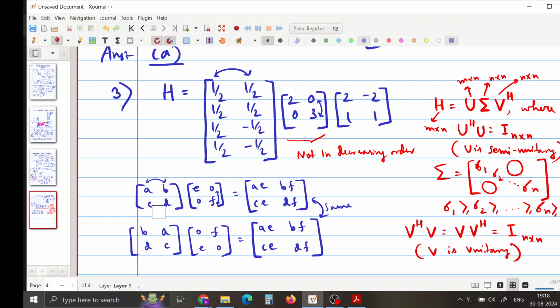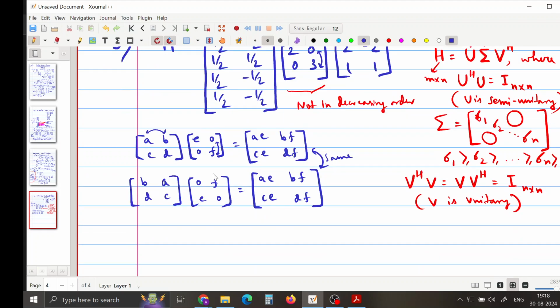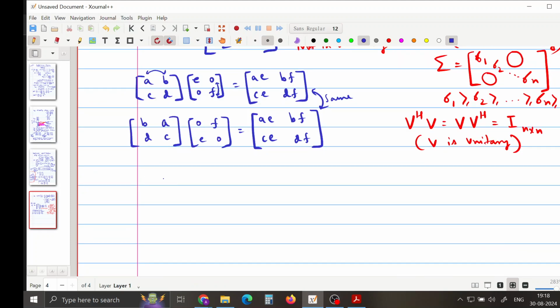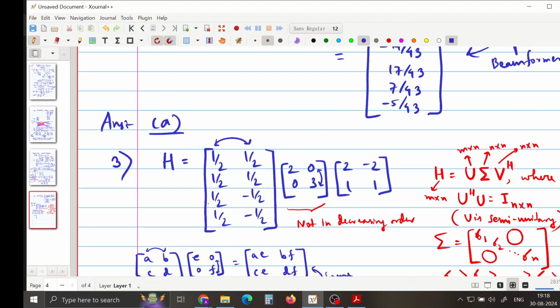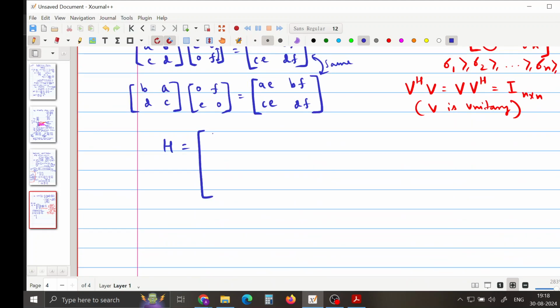So maybe let me just keep it only for reference. So that's what I am doing. Once I do that, what will I get? I'm just exchanging the columns of the first matrix, so I'll get half, half, minus half, minus half.